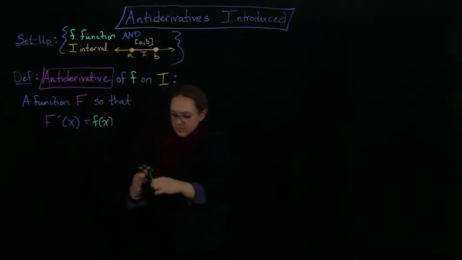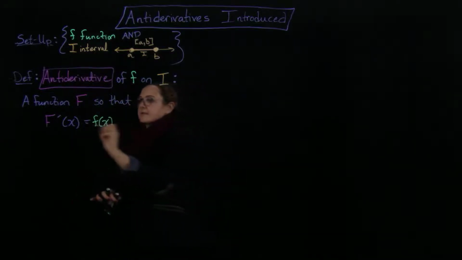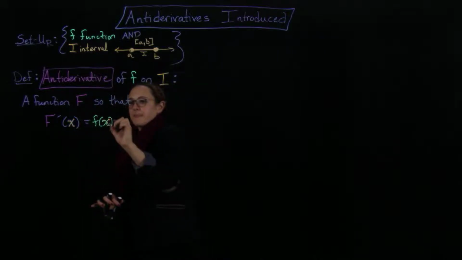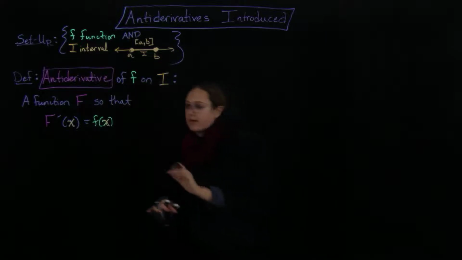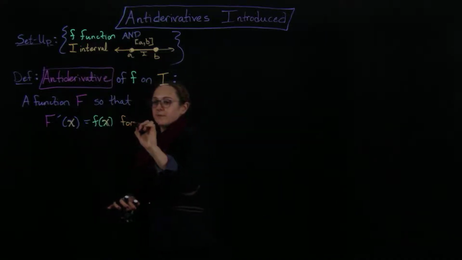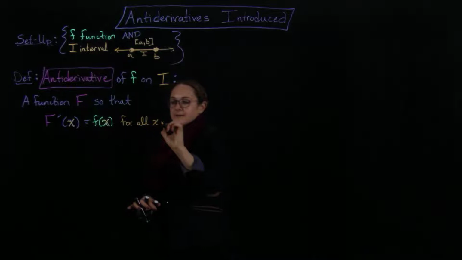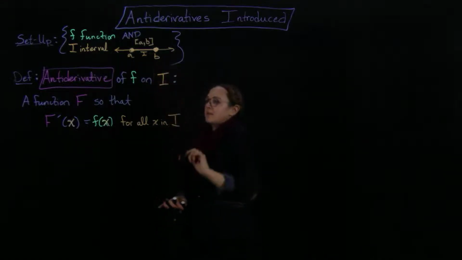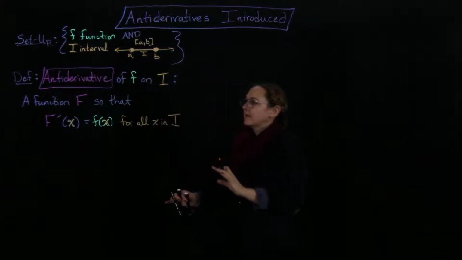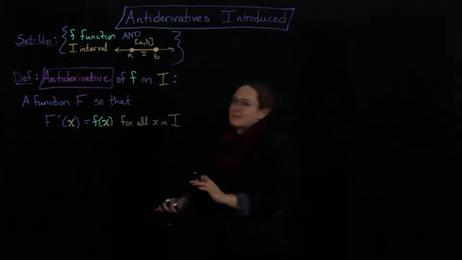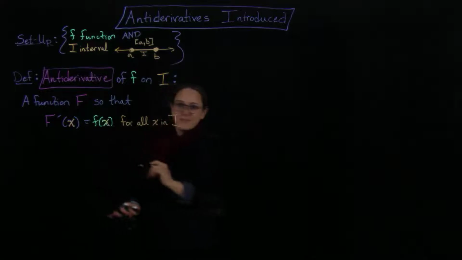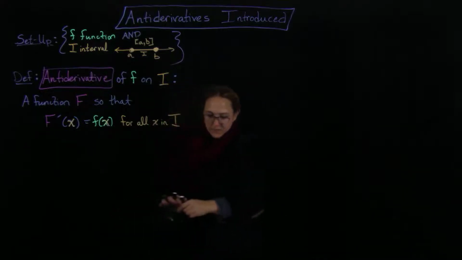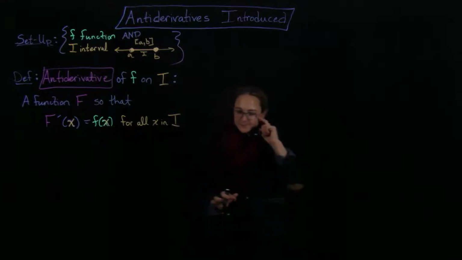This would work for all x in our interval I. As long as I'm between a and b, if I take the derivative of this function, I get the original function, which is why it's the antiderivative. So let's do a little bit of practice.